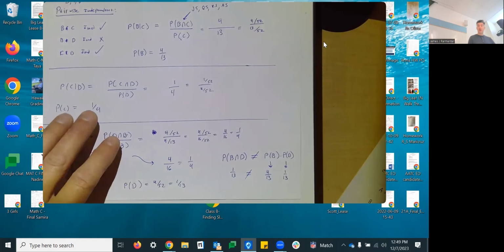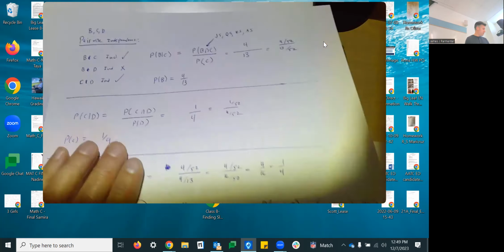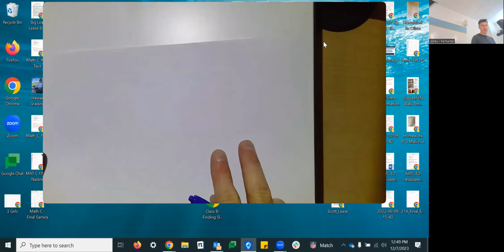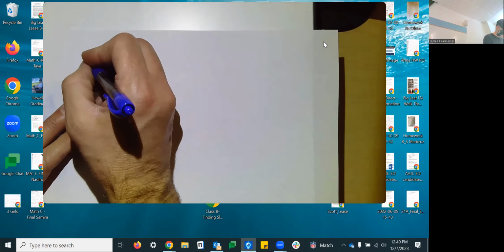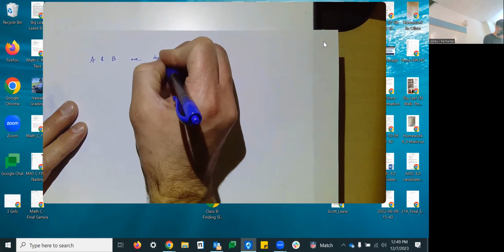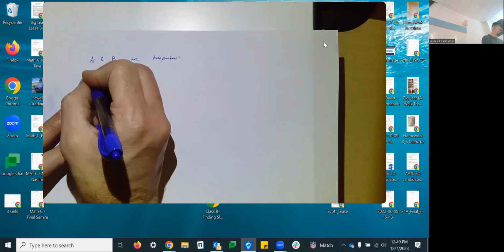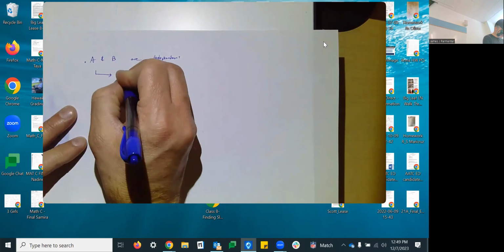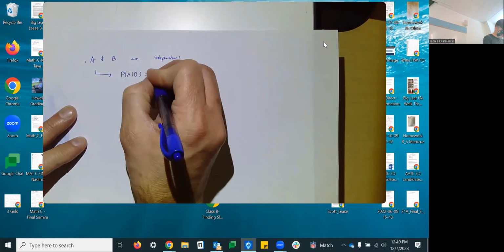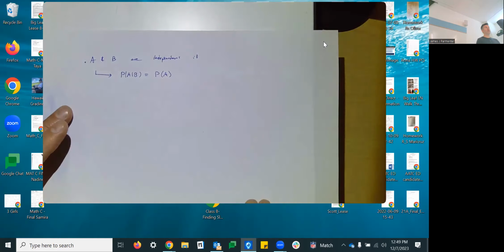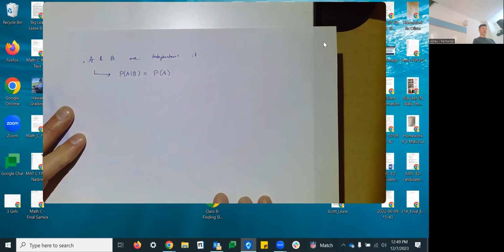So there's two different ways of doing it. To show the two things are independent, you can either show, and again, these are really the same formula, but let me say it again. To show that A and B are independent, I prefer to do it by showing that the probability of A given B is equal to the probability of A. But let me show you how you get from this formula to the other formula.